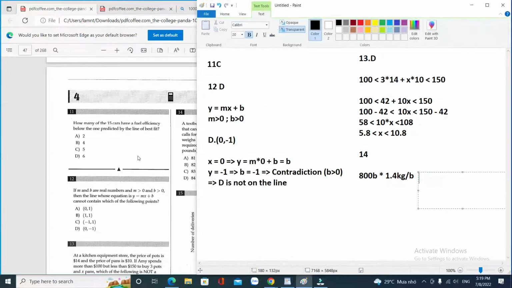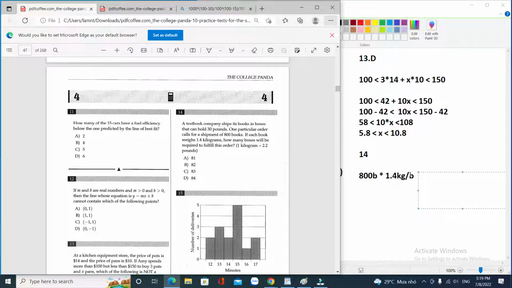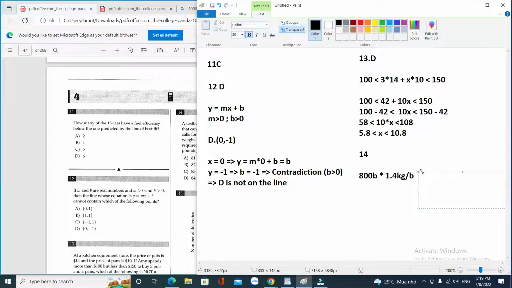And we have to convert this to pounds, right? Because 1 kilogram is 2.2 pounds. So we have to convert this to pounds, 2.2 pounds per kilogram.